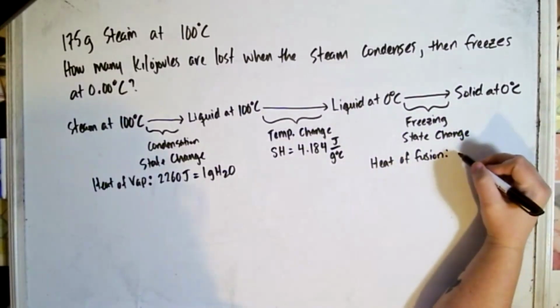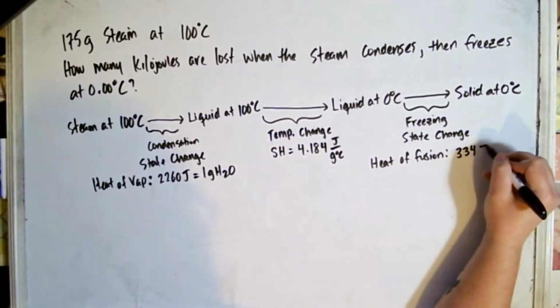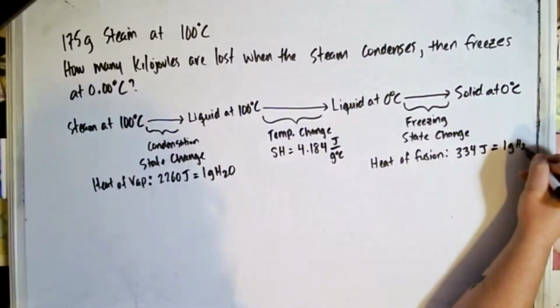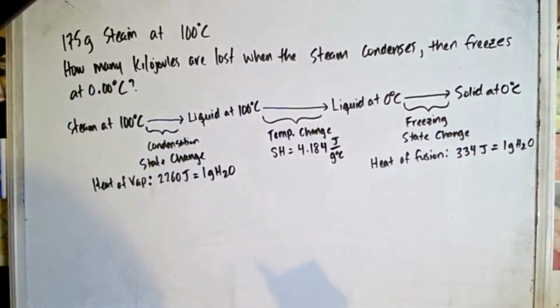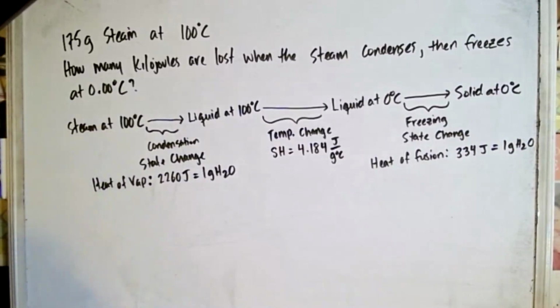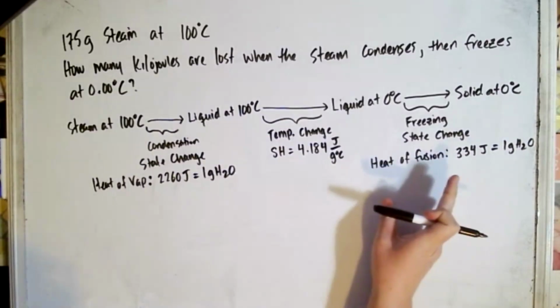And our heat of fusion in joules is 334 joules for every 1 gram of H2O. All right. So with that information, we can look at the 175 grams of steam and look at each step.